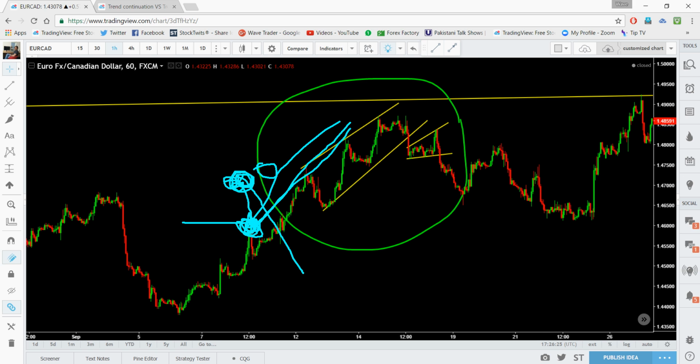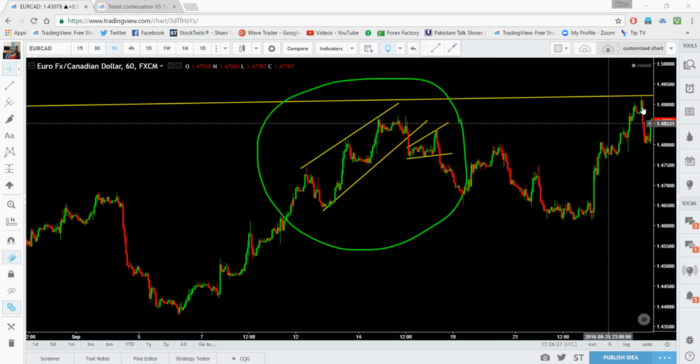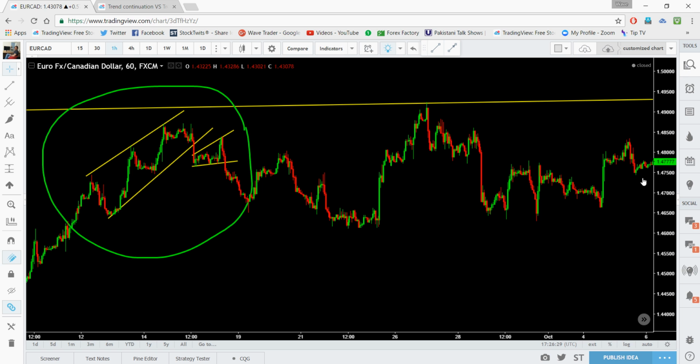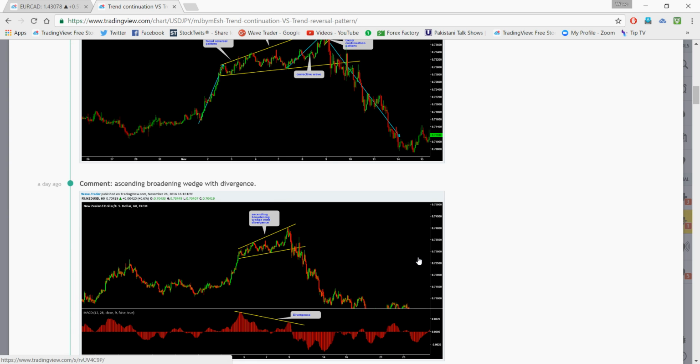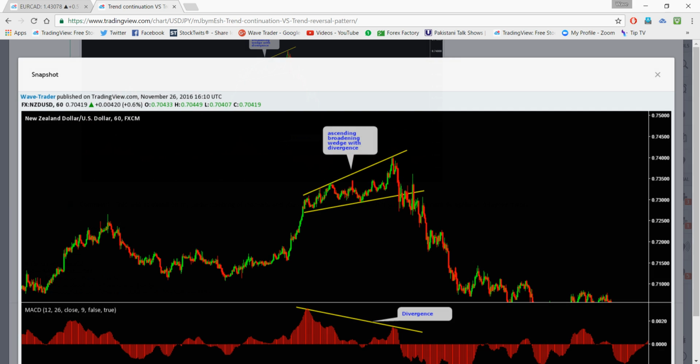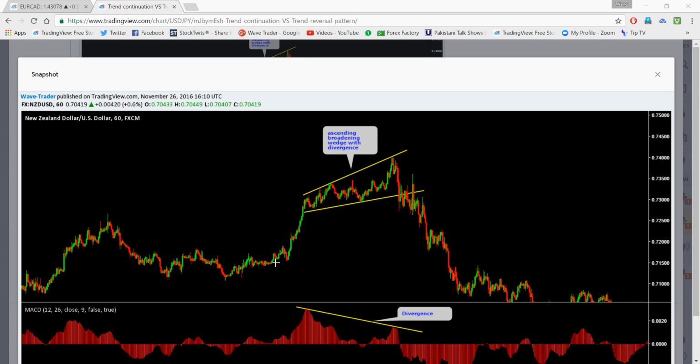Okay, if you want an example of the indicator, like MACD, I can show you here on this picture. Price impulse is forming an ascending wedge, so here is the point to sell. If you look at your MACD, it was showing a top at this point and showing divergence here.